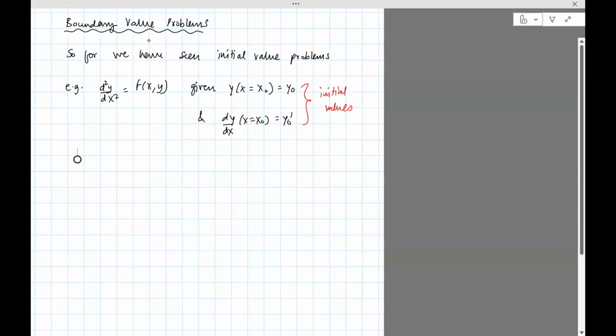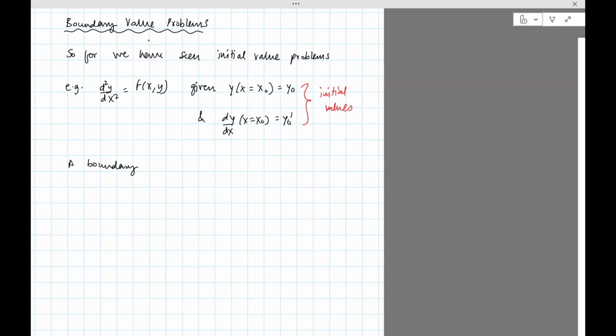A boundary value problem is a problem where at least one of these conditions is given at some value not at the initial value of x equals 0.